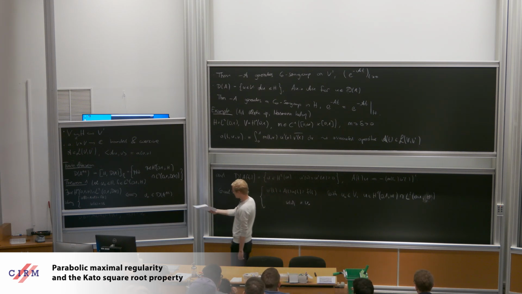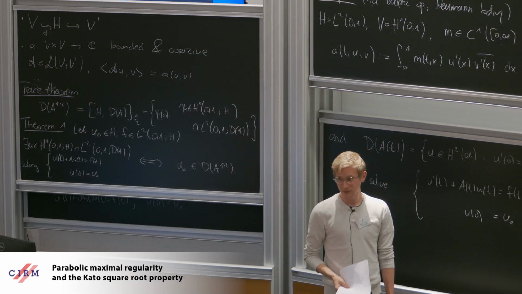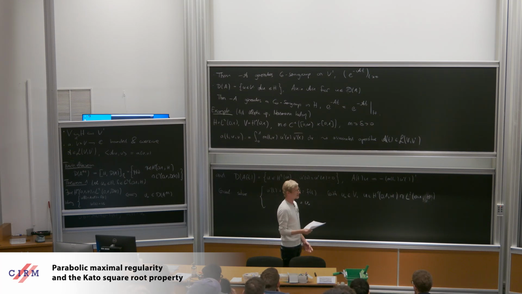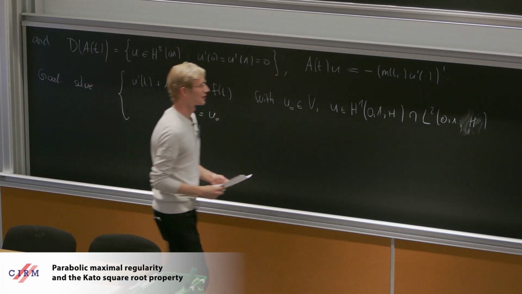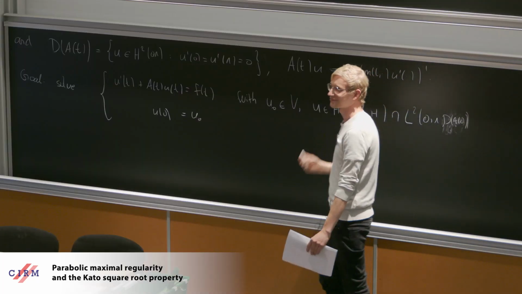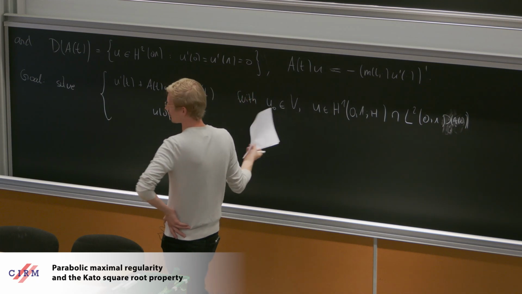So whenever u0 is in the domain of the square root of A, then you can... Well, D of A now doesn't actually depend on t. Okay, yeah, I can write this, this is fine. So this is actually what we would like to achieve here, that's true.